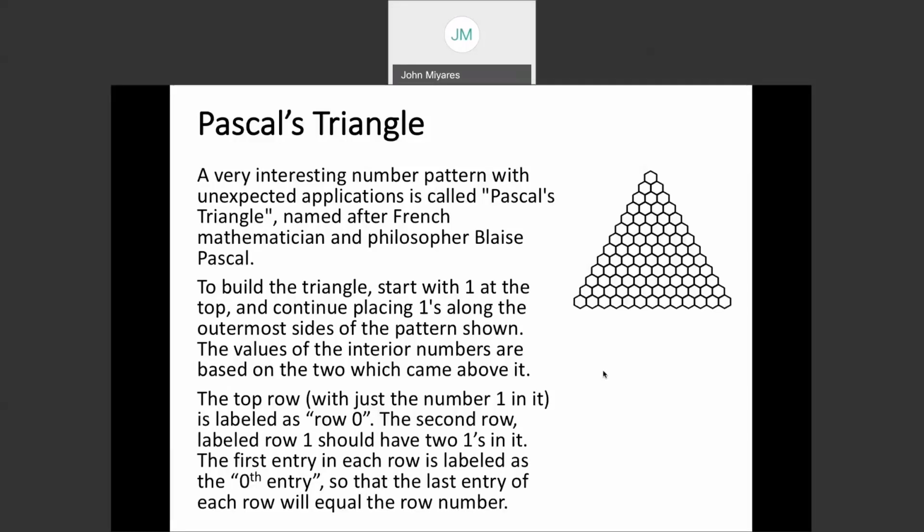In any given row, for example, the 8th row of the triangle will actually have 8 entries in it, but we're going to call it row 7 and have the first entry be the 0th entry and the last entry be the 7th entry. This will make sense as we progress.